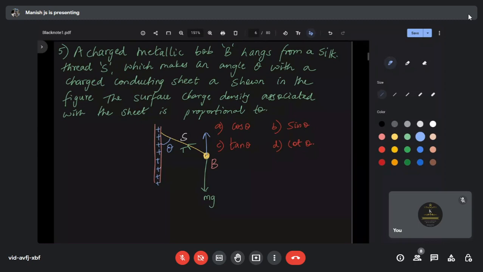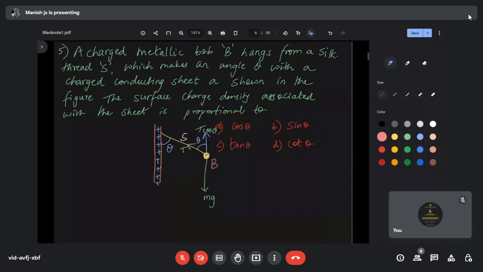If this is theta, don't you think this is also theta? Alternate interior angles are equal. So the component வந்து என்னது? You will call it as T cos theta. T cos theta is balancing your mg in the vertical plane.